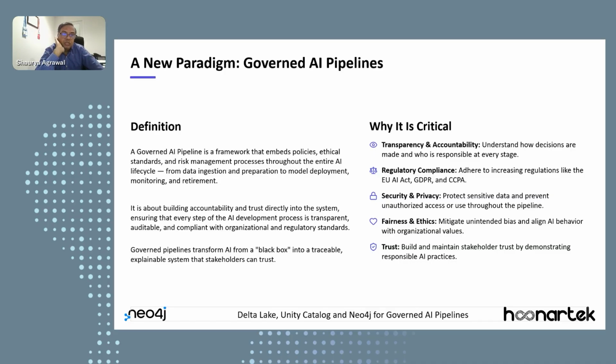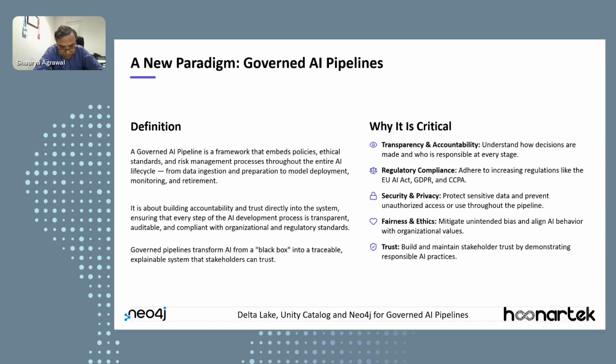Governed data pipelines, this is the new paradigm, basically. Governed AI pipelines means you create the policies and standards at one place and cascade them throughout your landscape between the Databricks as well as Neo4j platform. And it is important primarily because of the transparency and regulatory controls.